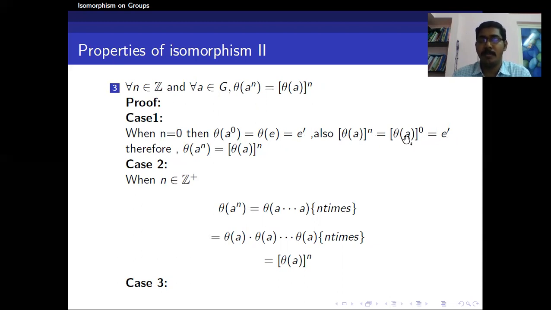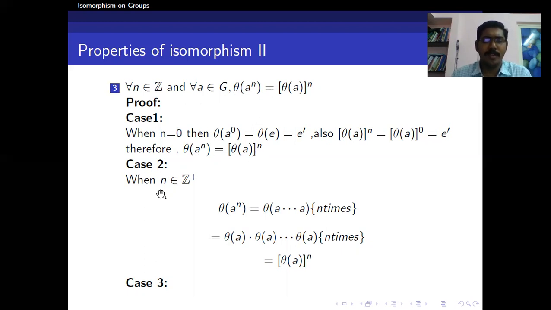Theta of a is an element in the codomain, so the identity element in the codomain is e dash. So theta of a whole to the power 0 is e dash. Therefore theta of a power 0 is e dash, and theta of a whole to the power 0 is e dash. Therefore theta of a power n equals theta of a whole power n.